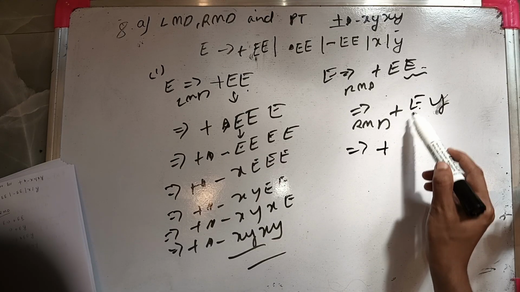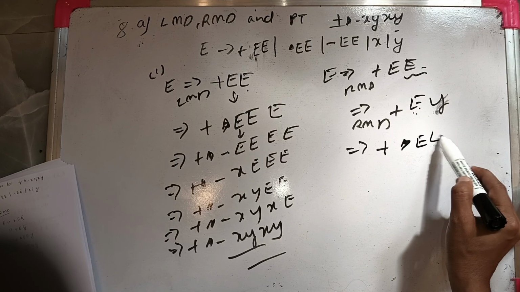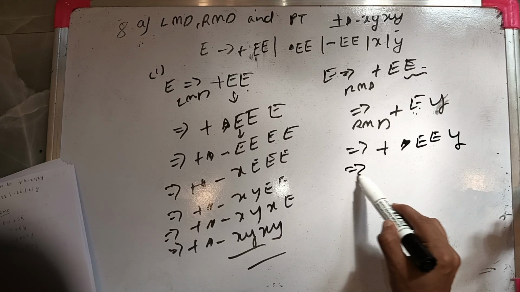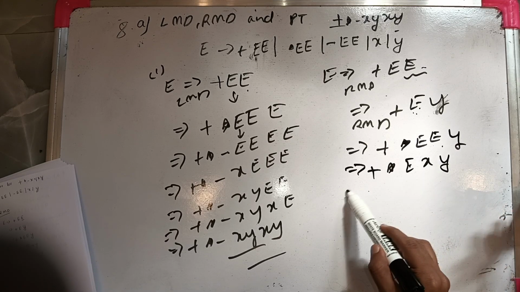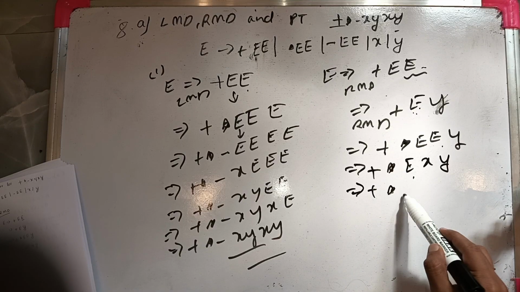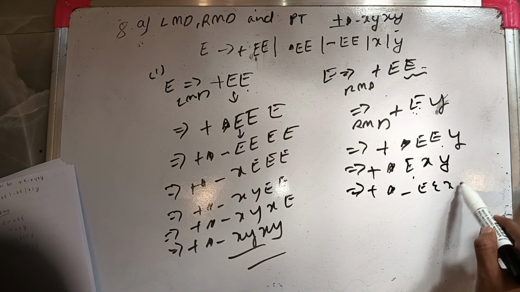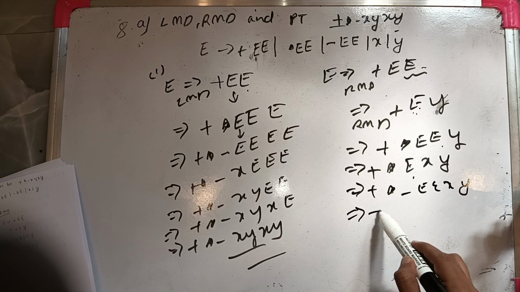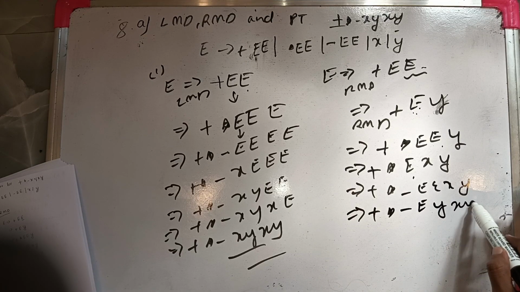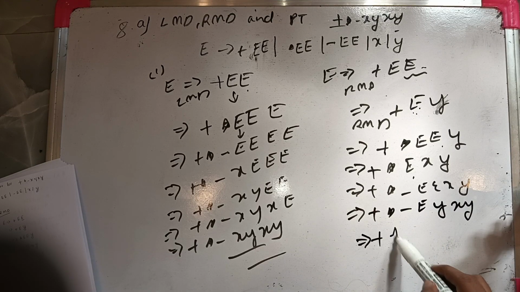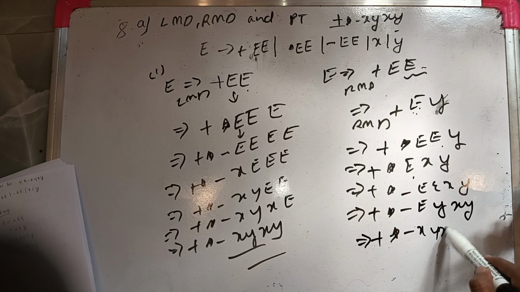After that, this star EE, I require EEY plus star, this is substituted by X. Next, plus star minus, required minus EE XY plus star minus E, this is substituted by Y XY, and finally plus star minus XY.